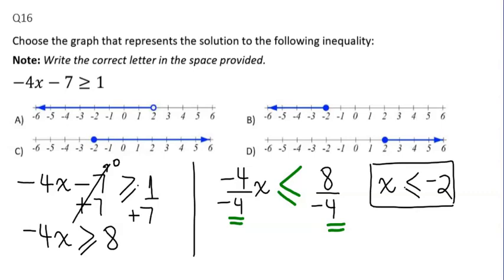And how can I test this? Suppose I choose this number here, 0. This should not make my inequality true. So if I put a 0 here, what do I get? Is negative 1 greater or equal 1? False, right? So, okay, this is out, like I saw. Let's get one that is inside my answer, negative 5.